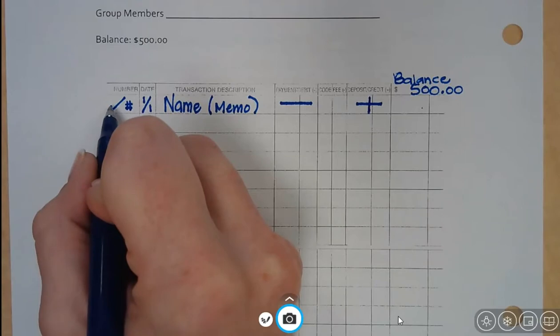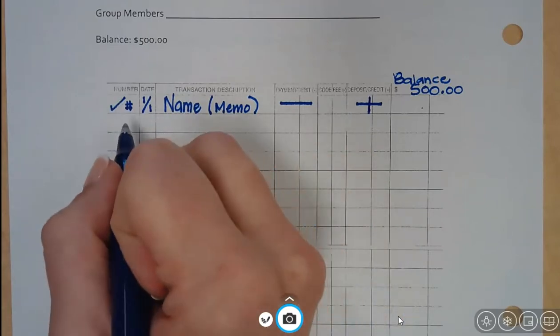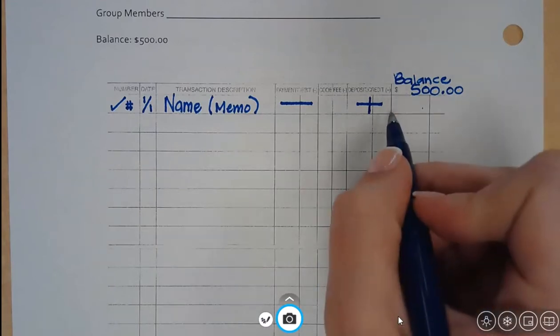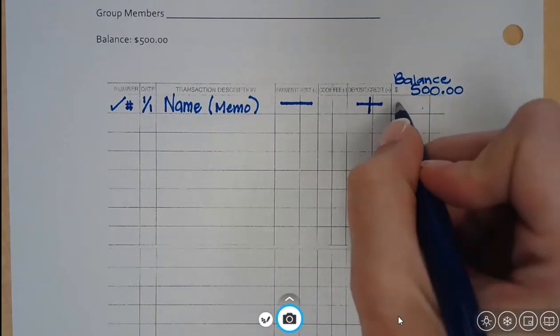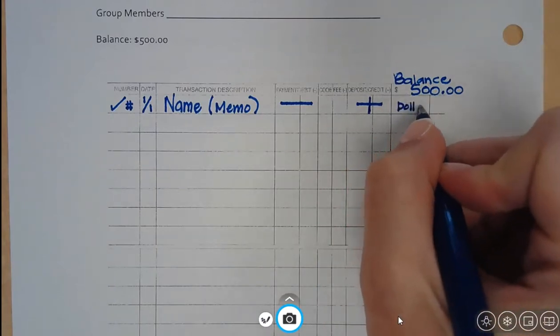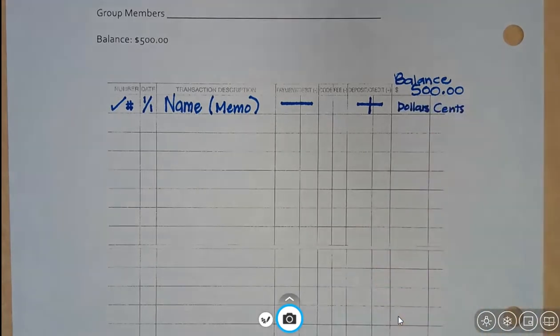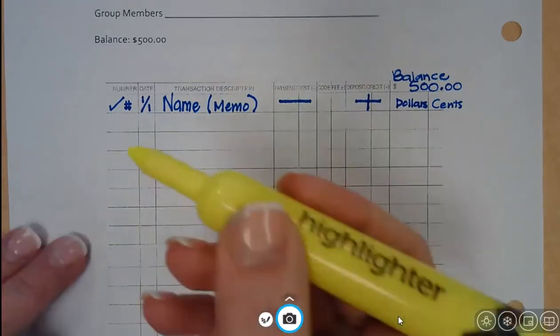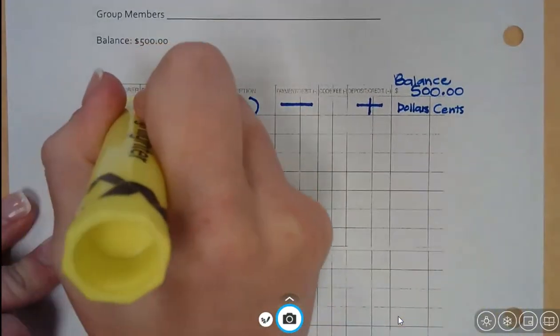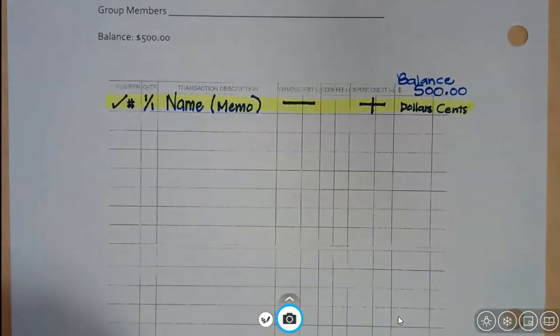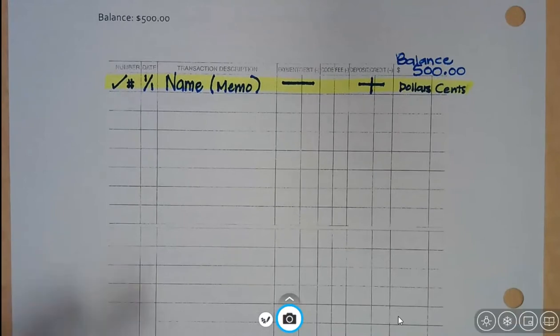Then this wouldn't be a check number. It would be either blank or a deposit, like DEP. Then you would write your new balance here. After you subtract it, the dollars would go here and the cents would go here. So it's just your basic key. Normally you don't need to write that on each of them, because as you do this enough, you'll know that basic format and you won't need to copy it down.